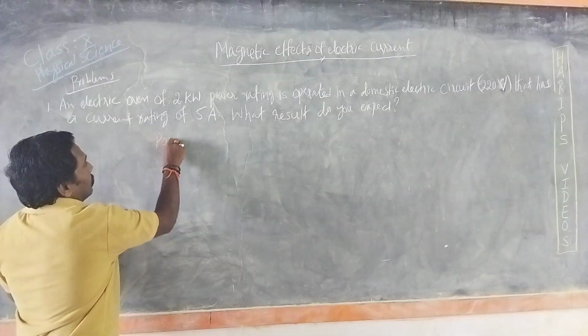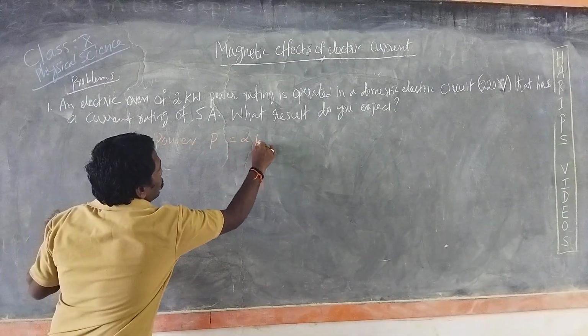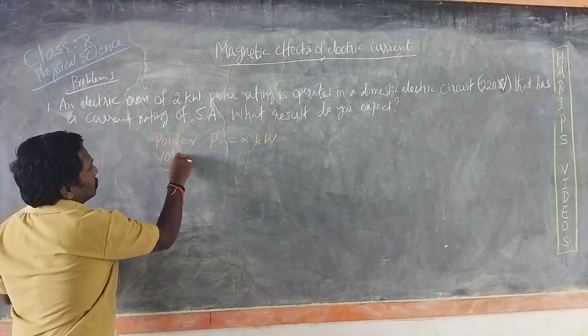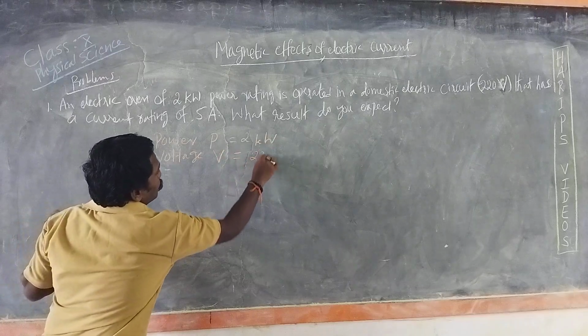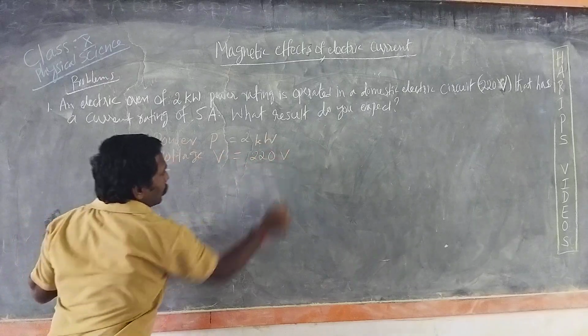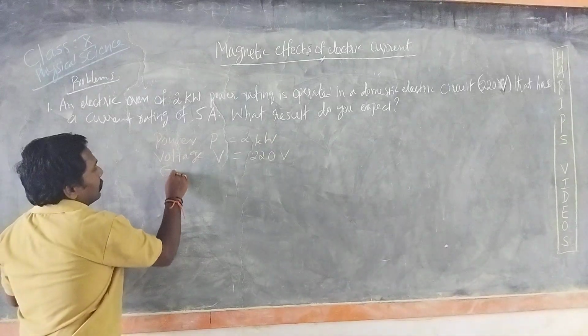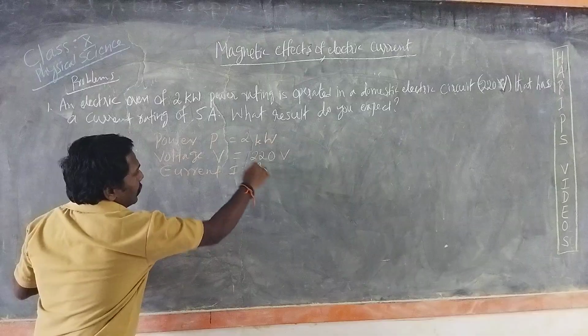So, power P is equal to 2 kilowatts. Voltage V is equal to 220 volts. Then how much current does it consume?